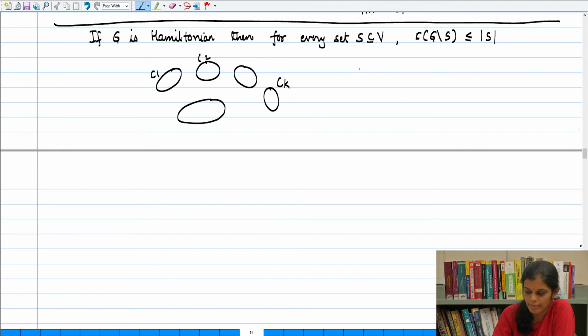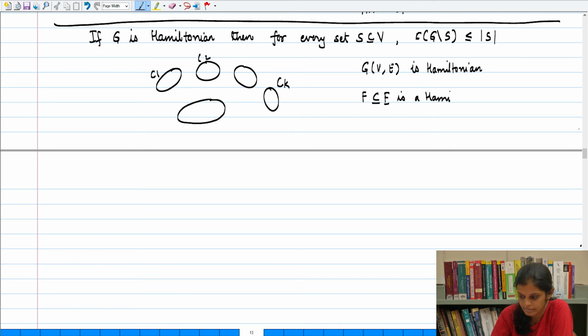And there is also a Hamiltonian cycle. So G is Hamiltonian. So let us say that F, which is a subset of the edge set, is a Hamiltonian cycle. This is the set S that we have.